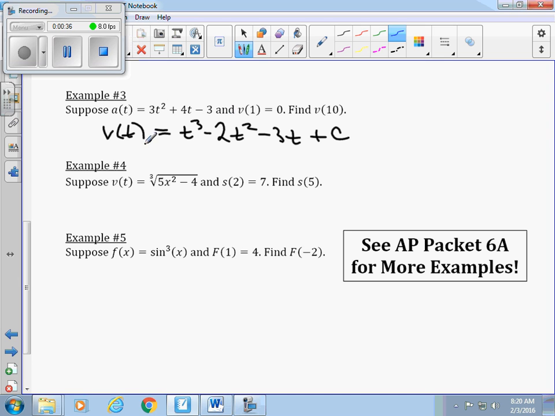It does turn out that c is 0. And then to find v of 10, you plug in 10 for t. 10 cubed is 1,000. 10 squared is 100.